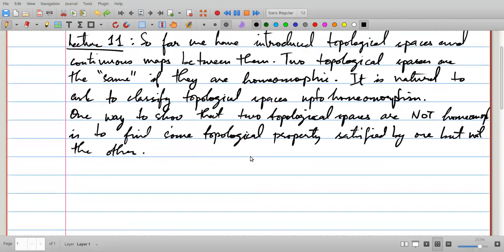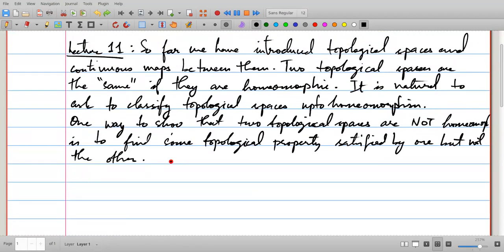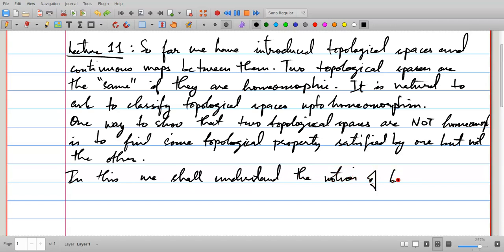So in this lecture, we will introduce one such topological property. So we shall understand the notion of being connected.